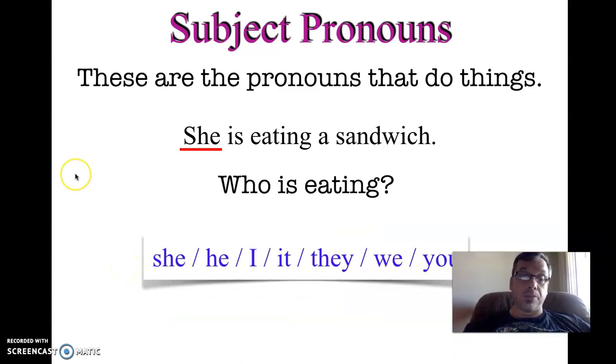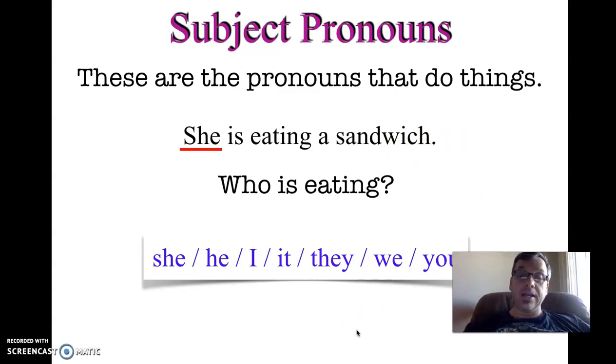Here are the subject pronouns: she, he, I, it, they, we, and you, right? So she is eating a sandwich, he is eating a sandwich, I am eating a sandwich, they are eating probably sandwiches, they're probably not eating one, right?